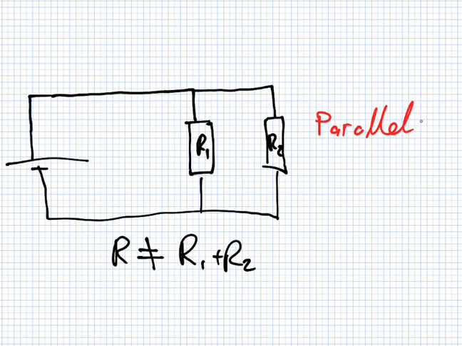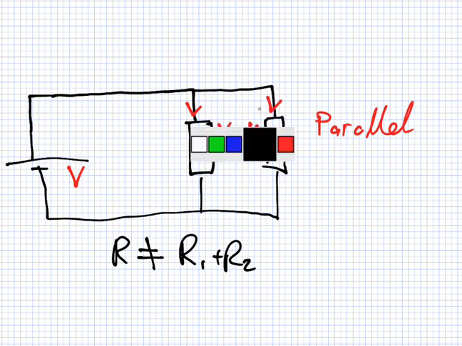Some important things I should say first before I talk more about this. This here has voltage V. Okay? Are you looking? Yes? This has voltage V. Here and here both have voltage V as well.